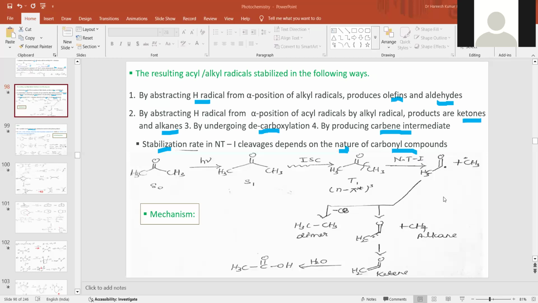Okay, let's continue the Norrish type reactions of chemical reactions.